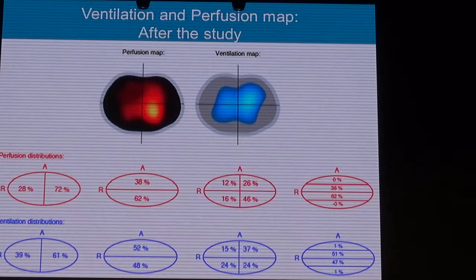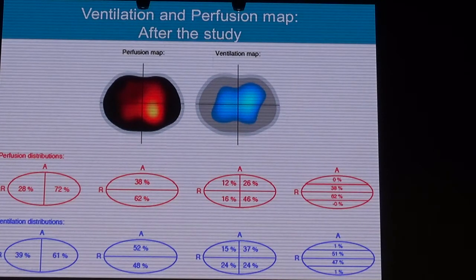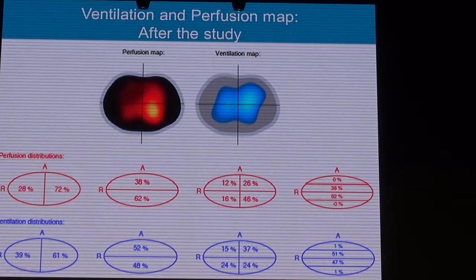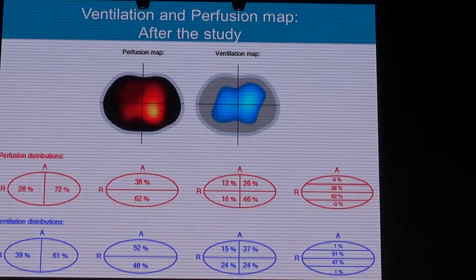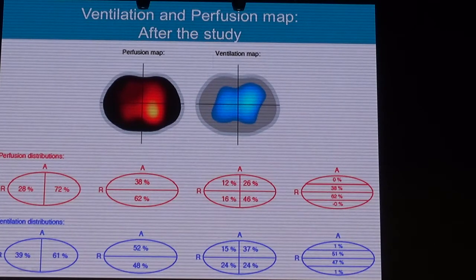After recruitment, this more than doubled, so the ventilation now is more in the posterior part of the lungs. Perfusion remains high in the lower part of the lungs, like 46% in the right lower lung, and 24% instead, which is double the ventilation, improving ventilation perfusion matching.